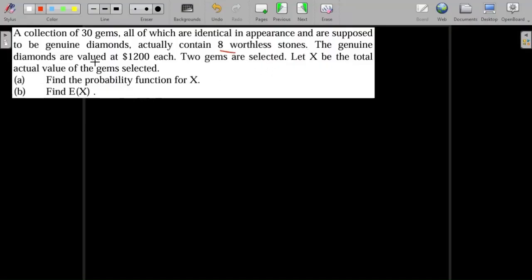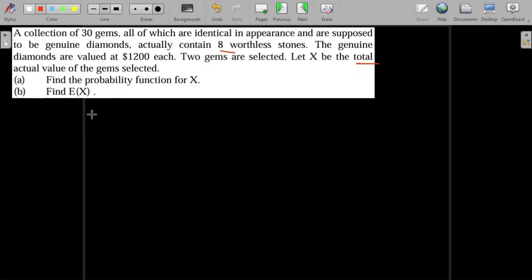The genuine diamonds are valued at $1,200 each. So 2 gems are selected. Let X be the total actual value of the gems selected. A, find the probability function of X. B, find the expected value of X.